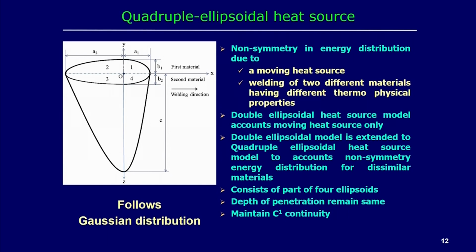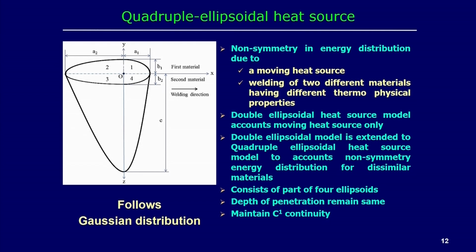Here you can see the quadruple ellipsoidal heat source model. If you look at that figure, there is a merge of four ellipsoids: 1, 2, 3, 4. With respect to the x axis, the upper side is the first material and the other side is the second material.